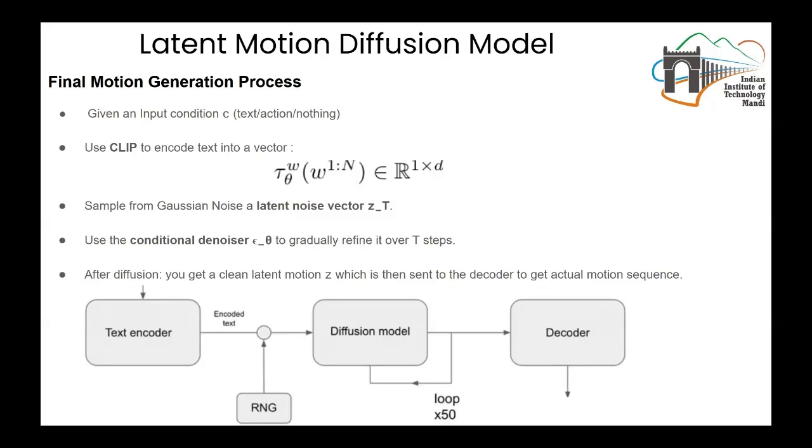Then we sample Gaussian noise of the size of the latent vector, and using this conditional denoiser with the condition we got from the CLIP architecture, we gradually refine the Gaussian noise over t steps to get our structured data. After we get this structured data, which is a latent space vector z, we send it through the decoder, which generates the actual motion sequence.